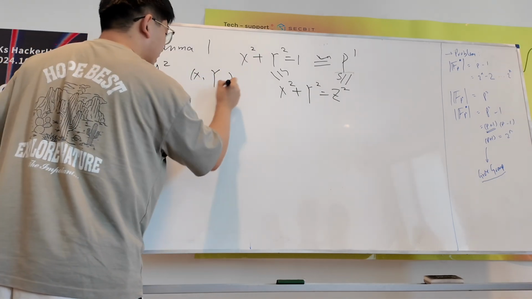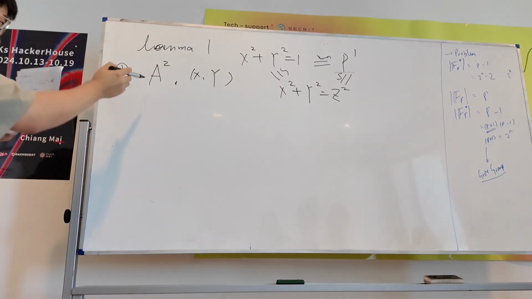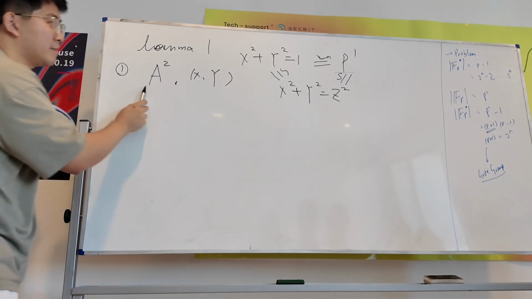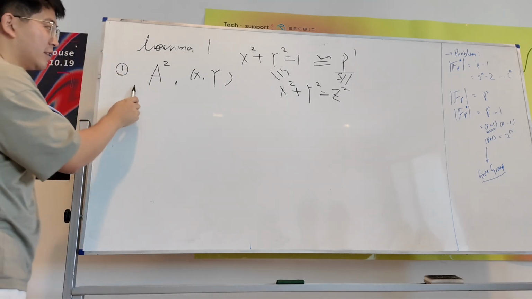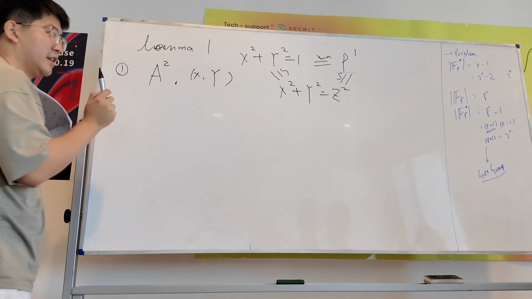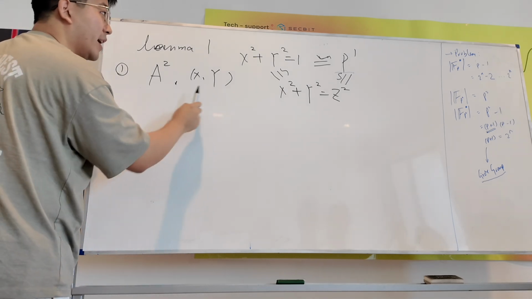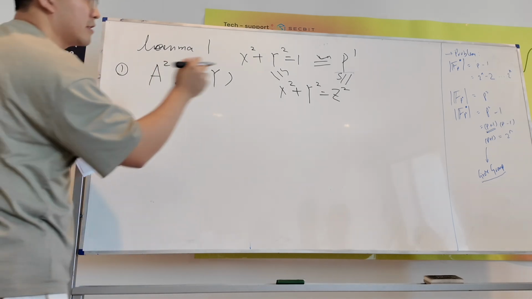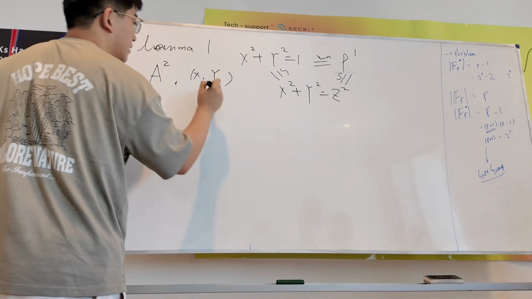The element in the affine space is just the point x and y.